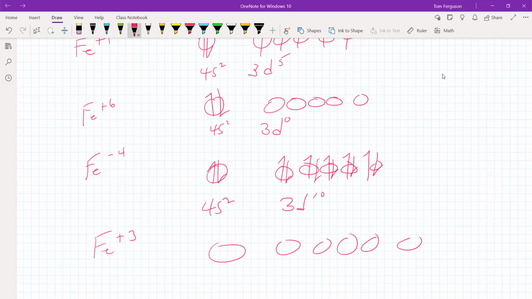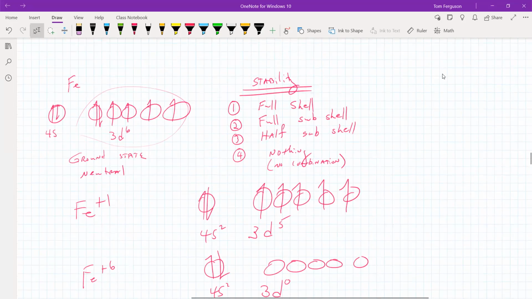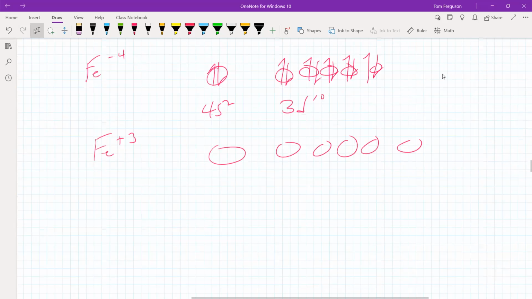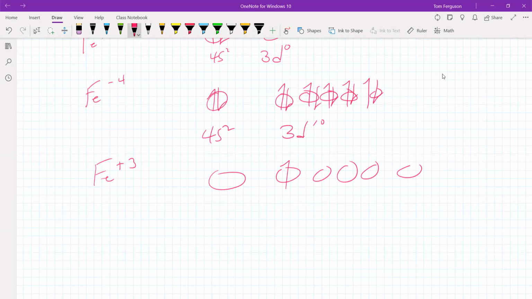Now, if you lost 3, what you'd end up with is you lose the S's and you lose one of the D's. Okay, and that happens to be one of the common ions for iron.